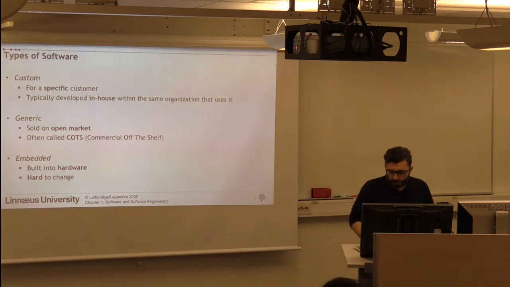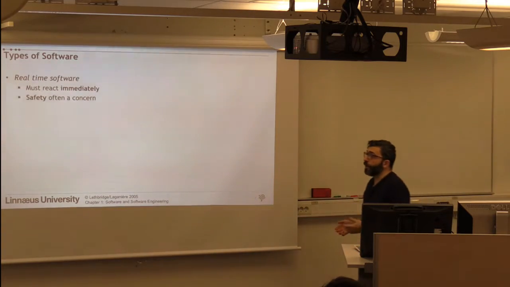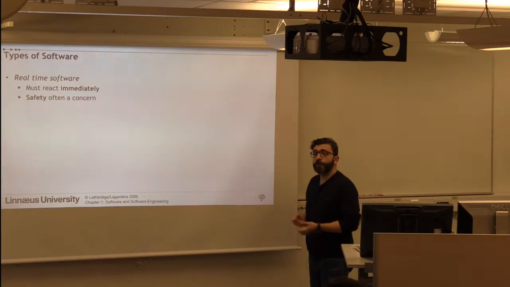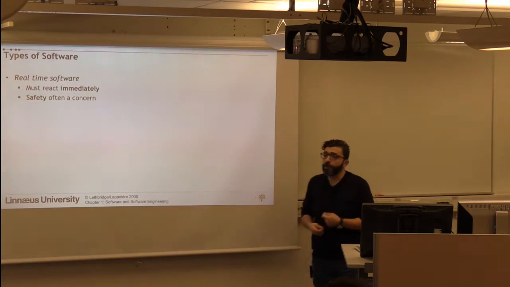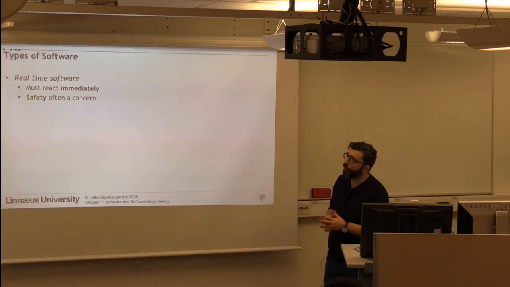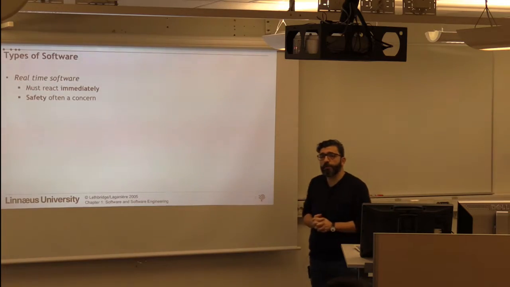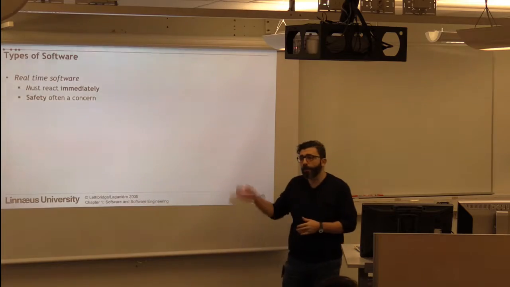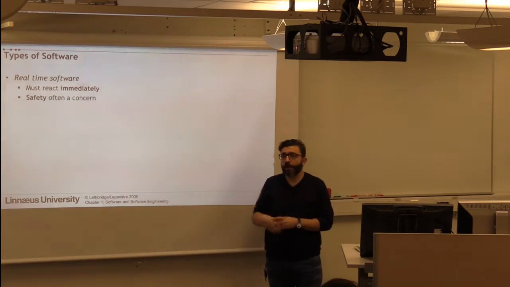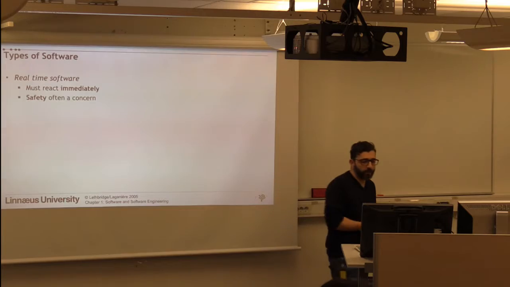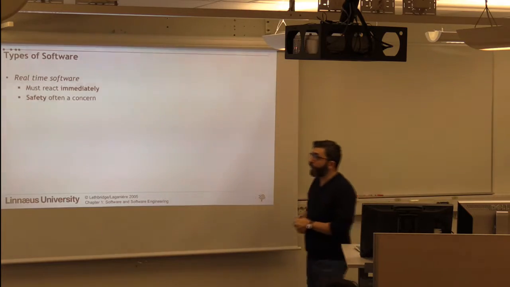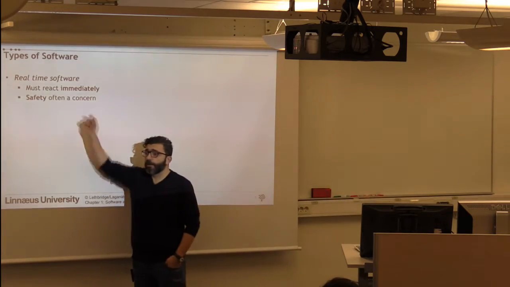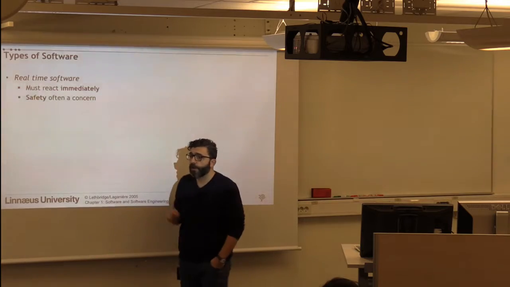And then there is real-time software, which should react immediately. It is usually used in safety-critical systems, for example for running a manufacturing system, railways, airplanes, and so on and so forth. Safety is a very important concern for this type of system.